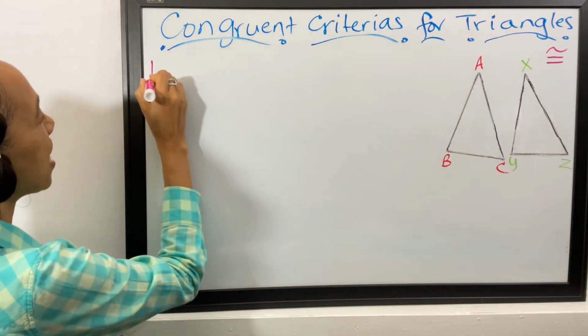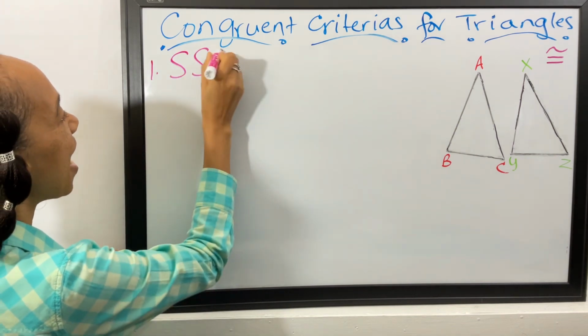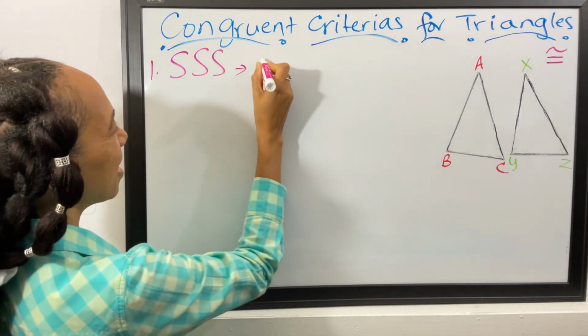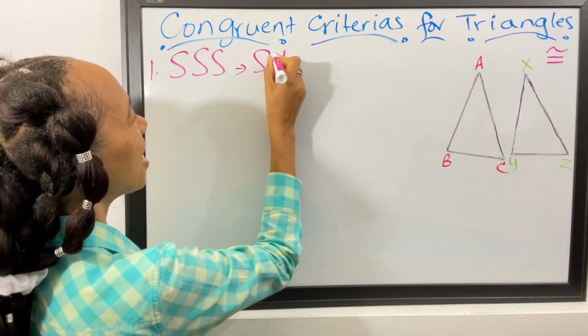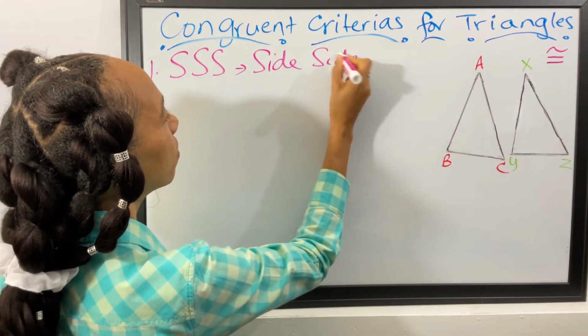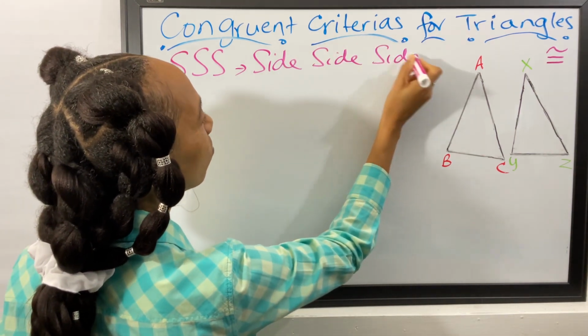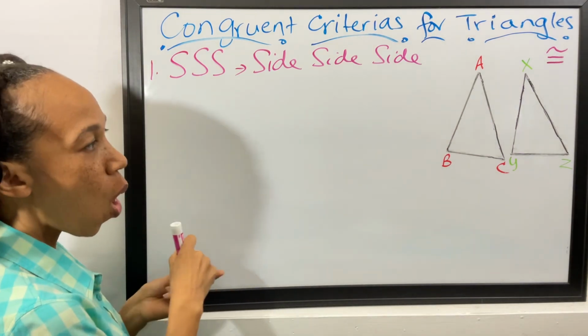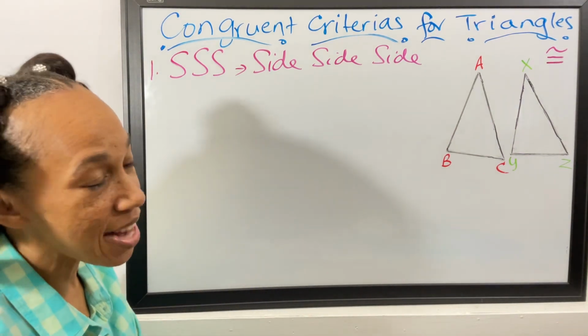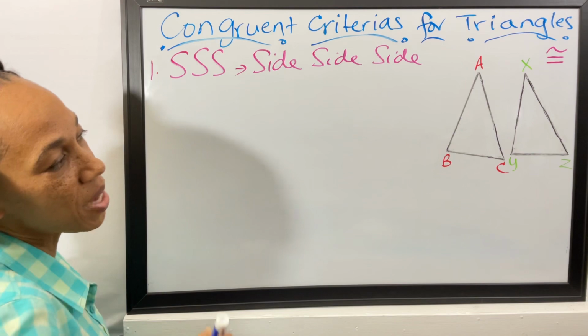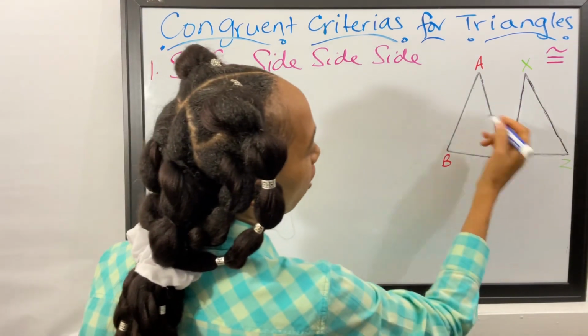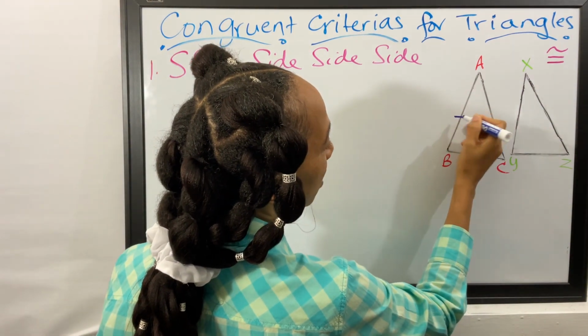The first one is SSS. What is SSS? SSS is side, side, side. That means all 3 sides of a triangle are going to be congruent to all 3 sides of the other triangle. Let's say, for instance, this is a side.